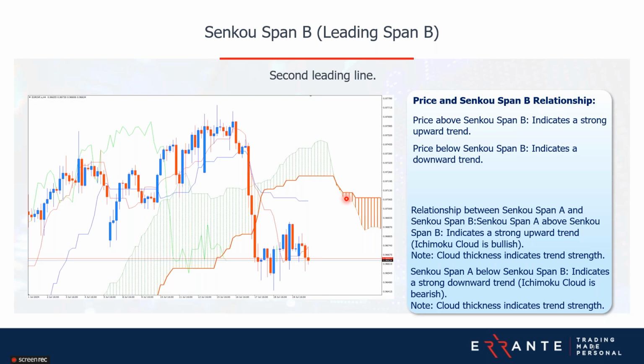And you usually see after a long rally in the price, we have a very thick, bullish Kumo, and then when we lose momentum, the Kumo is getting thinner.